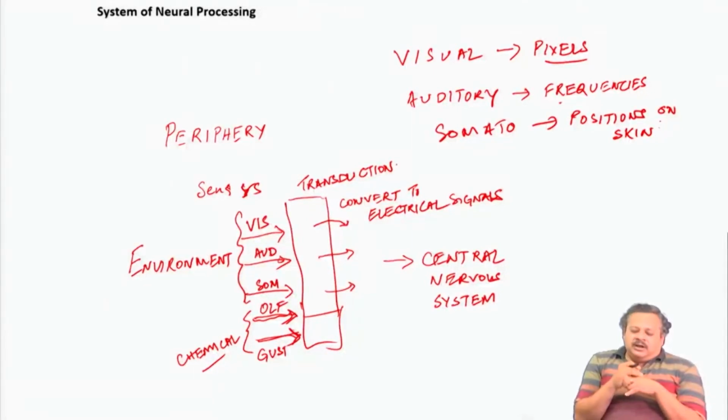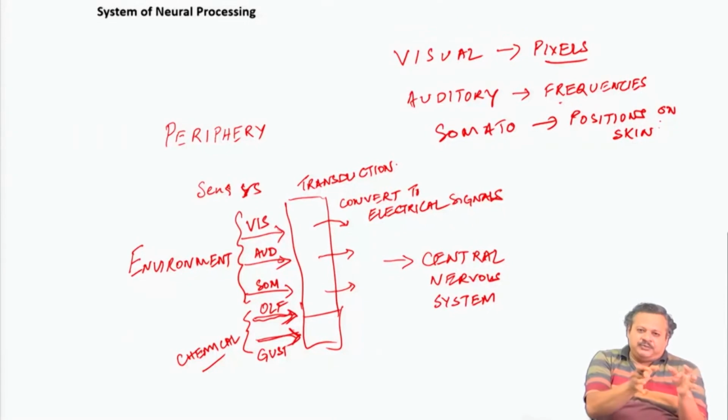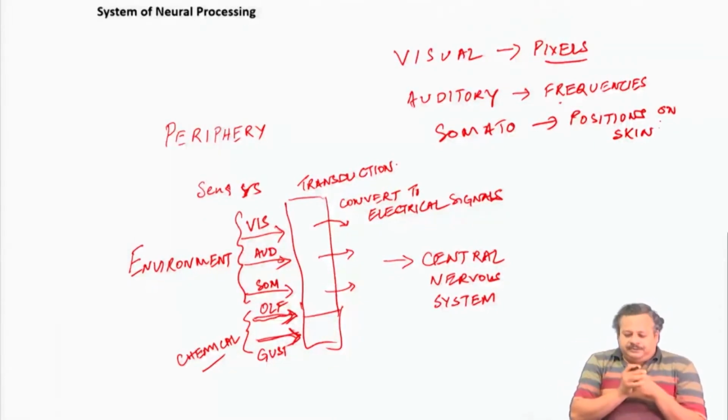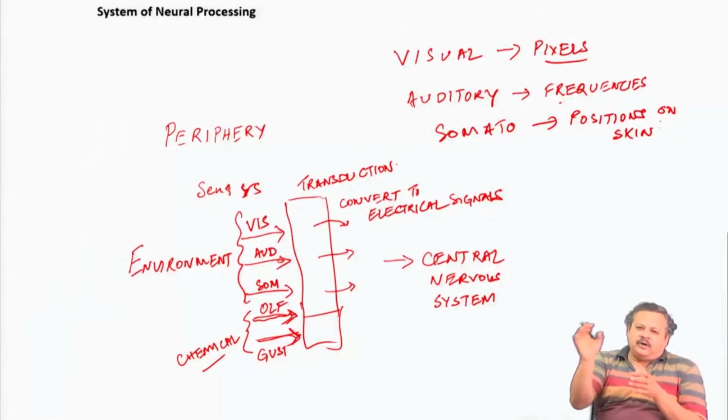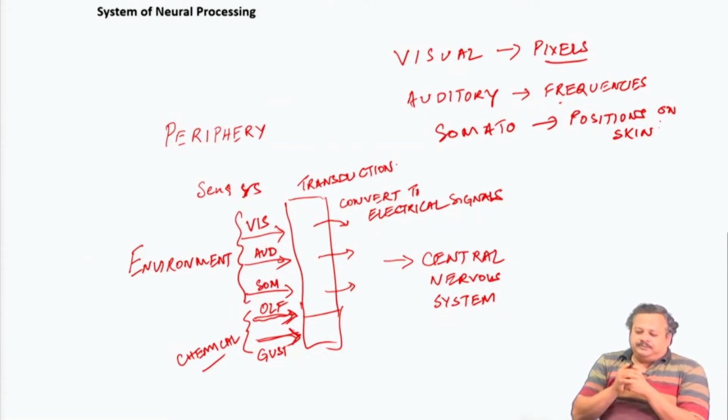So, beyond this point, for the discussions we will be referring primarily to the visual and auditory and somatosensory system when we are talking about how we model from parameter space in the sensory world to neural responses, or how we go back from neural responses to what the stimulus was, which is decoding.